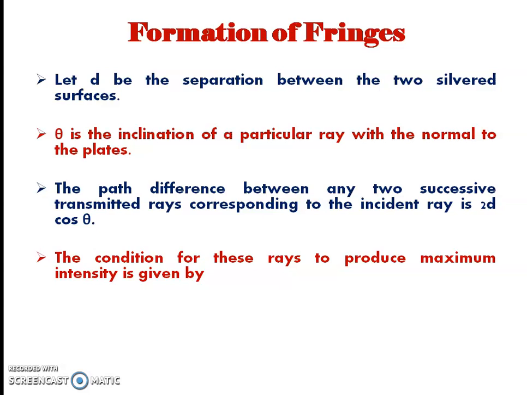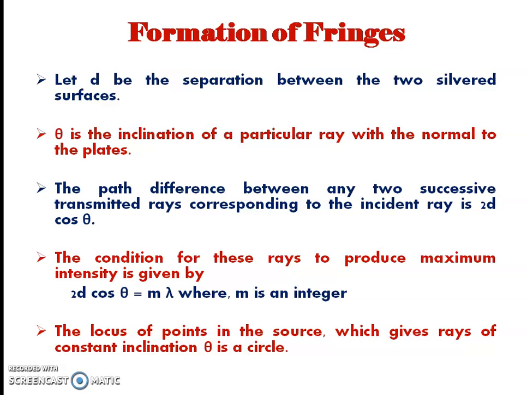And we know the condition for these rays to produce maximum intensity, which we have already discussed, is 2d cos theta equal to m lambda, where m is an integer. The locus of points in the source which gives rays of constant inclination theta is a circle. So this is how the fringes are formed.